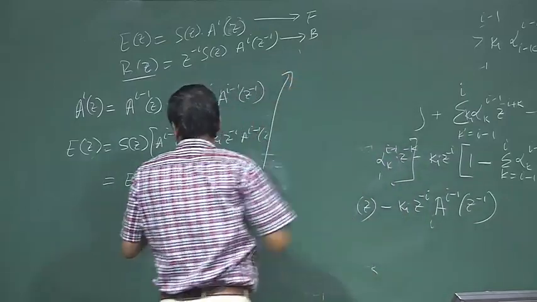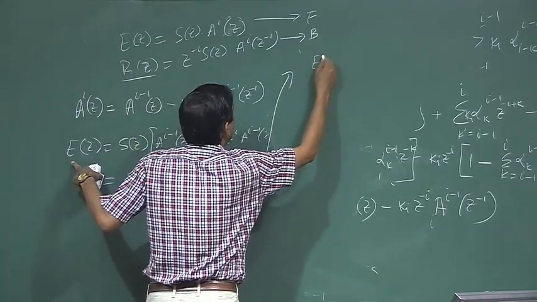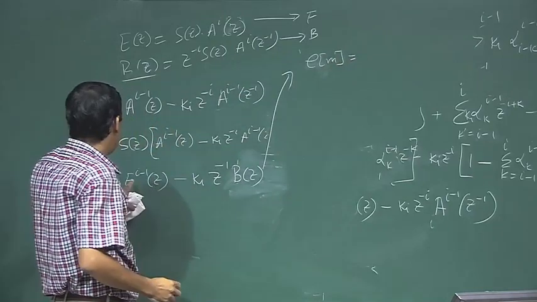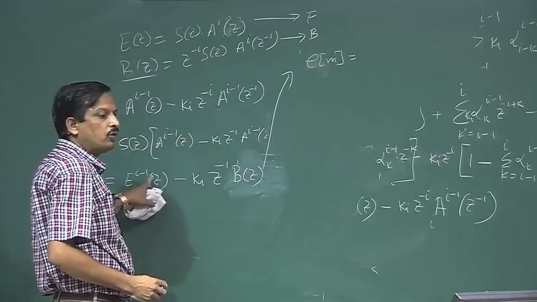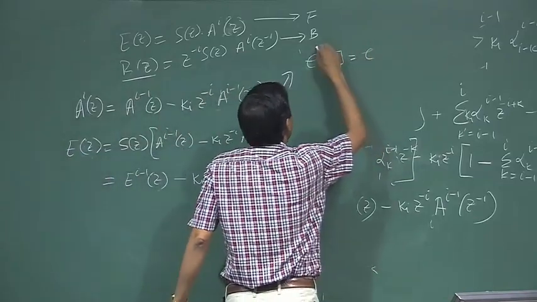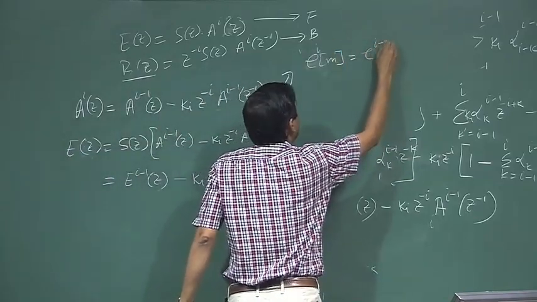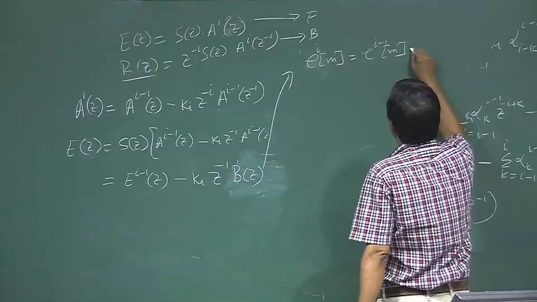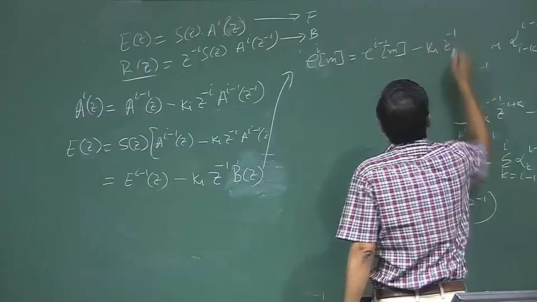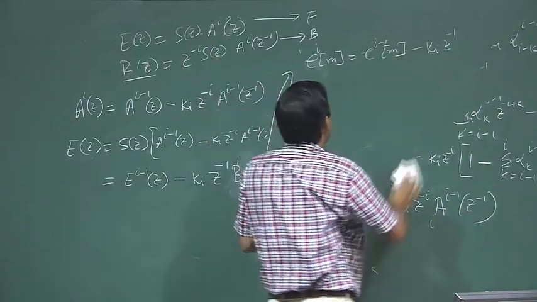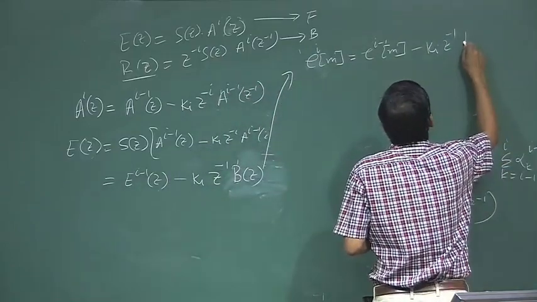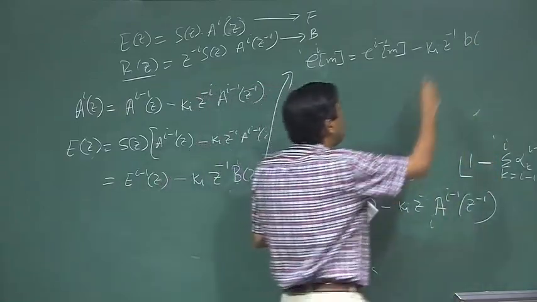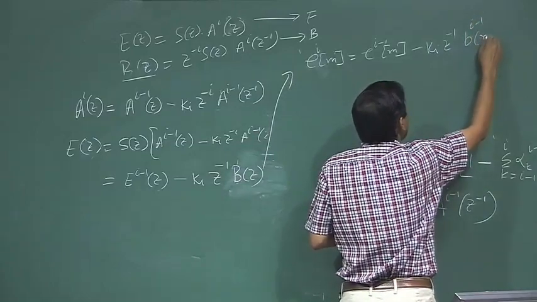I can say E i m is E i minus 1 m, the forward prediction error, minus k i into z to the power minus 1 into B i minus 1 z, so it is B i minus 1 m.